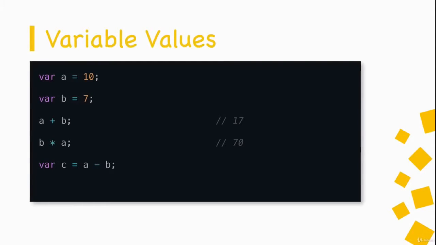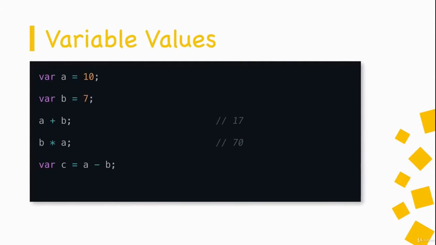Now you can also declare a variable, and instead of assigning it a simple value, you can assign it an expression. So in this case, we're declaring a variable, variable c, and instead of assigning it a straight value, we are assigning it an expression, and that is a minus b. Now a minus b equals 10 minus 7, which is 3.